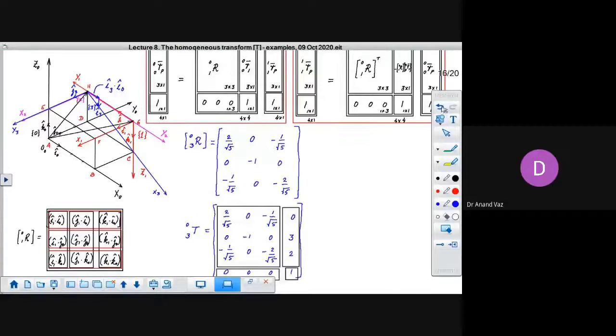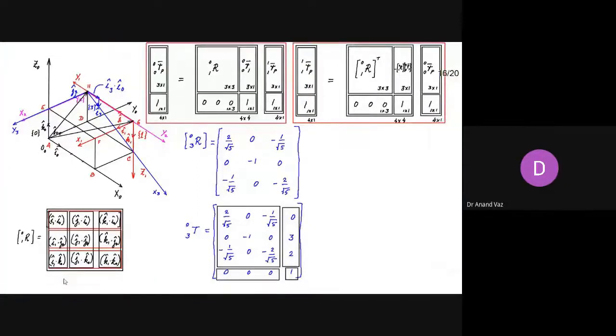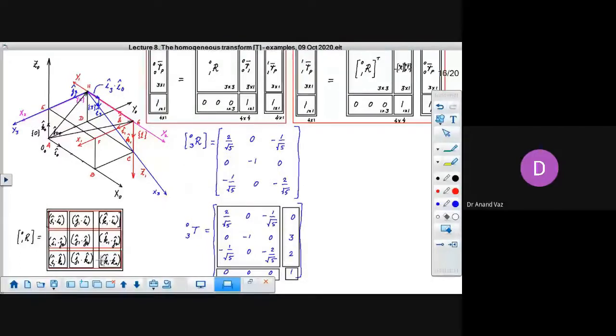Any other question that you have, please don't hesitate to ask so that we are able to proceed smoothly to the next. Hello, sir. Yes, please go ahead. Sir, please repeat how we get I3 dot I naught. I3 is over here.